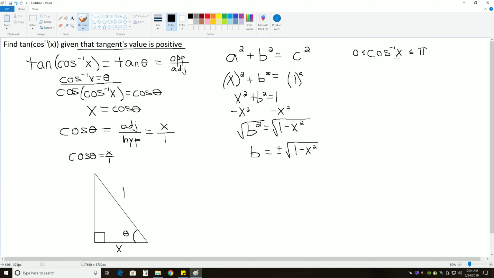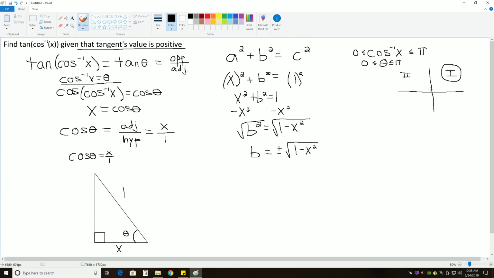So that's just one of our rules for dealing with inverses. So with that, we know that our answer for cosine inverse of x, or theta in this case, has to be between 0 and pi, meaning we're dealing with quadrant 1 or 2 for our angle theta. And furthermore, since tangent's value is positive, then deciding between these two quadrants, the only one of them that tangent is positive in is quadrant 1.